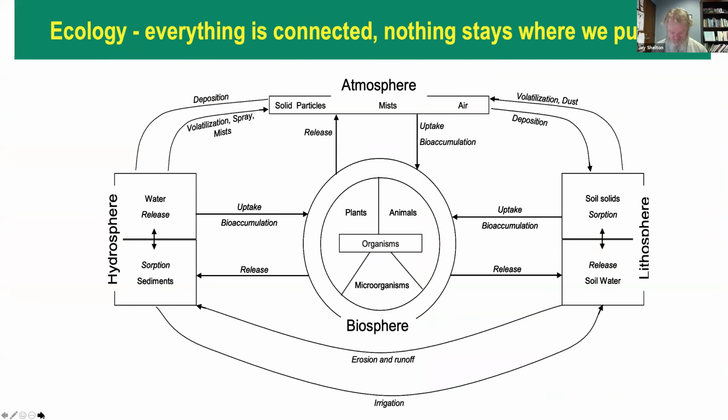So one of the things I tell my students, but it really doesn't just apply to students, I think it really applies to the topic this week, is that when it comes to ecology, everything is connected and nothing stays where we put it. And I think that statement is gonna become apparent as we go through this lecture.